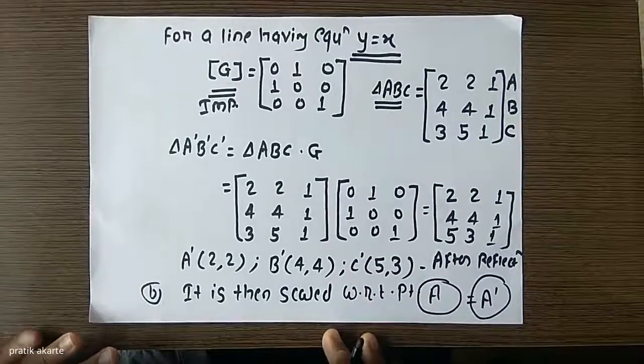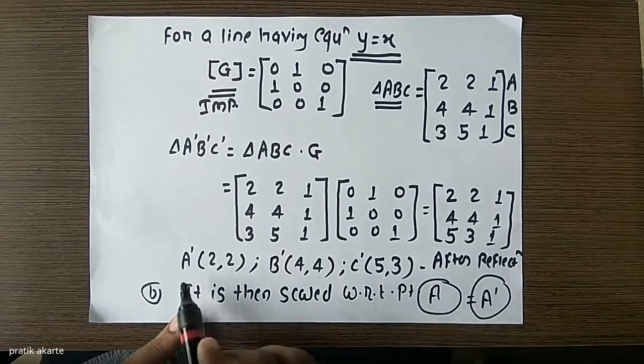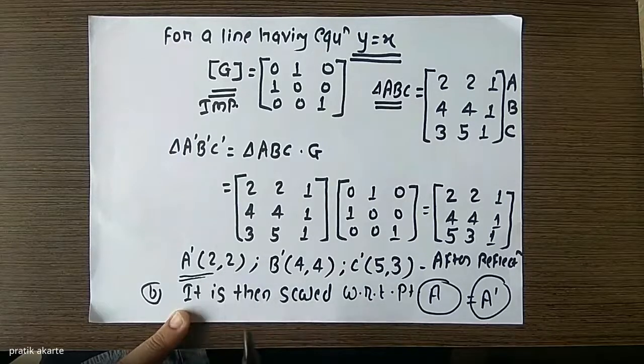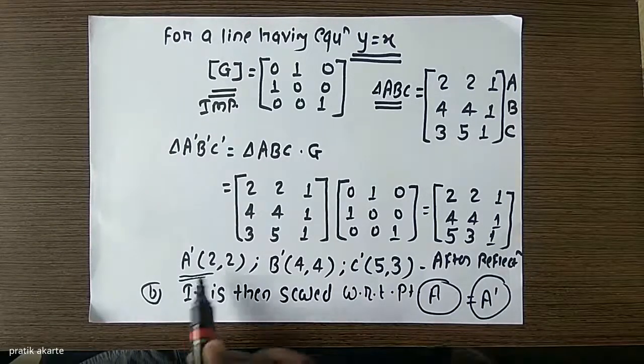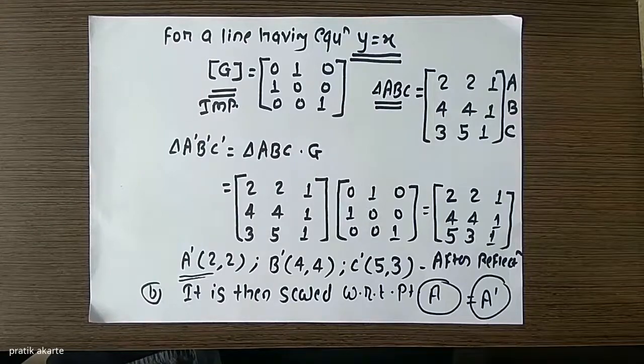Fortunately. But if it is not the case, the problem is asked in such a way that you have to rotate it about the new vertex. Fortunately, these A and A dash are coming to be equal, but this concept you need to understand.